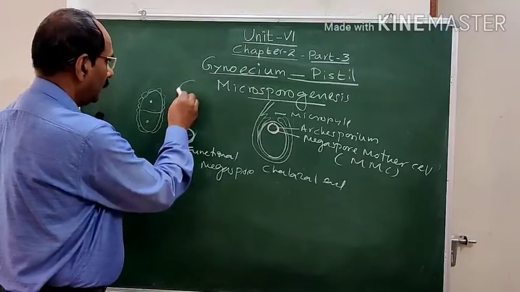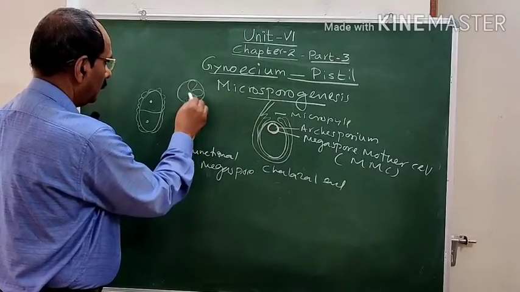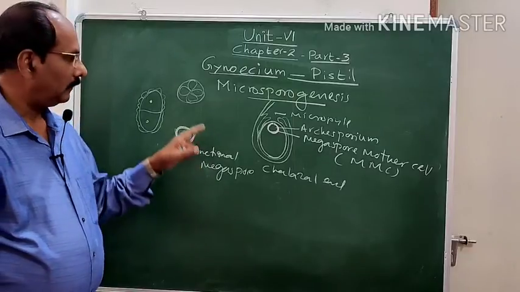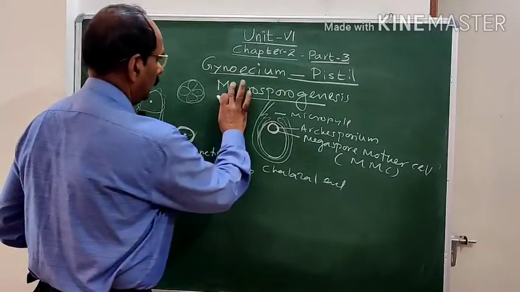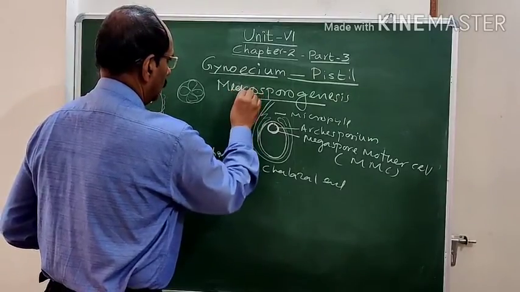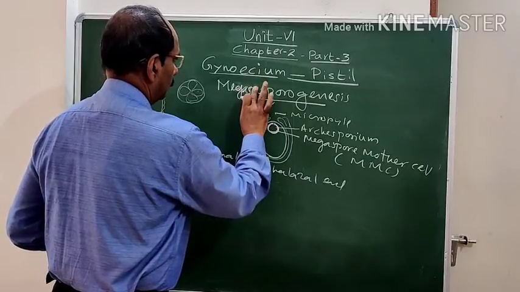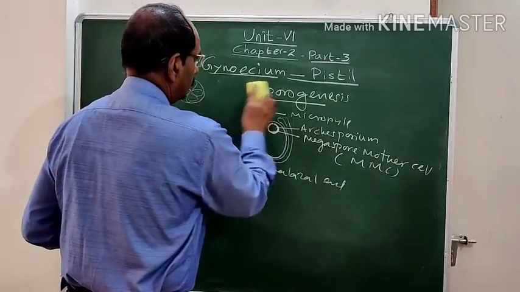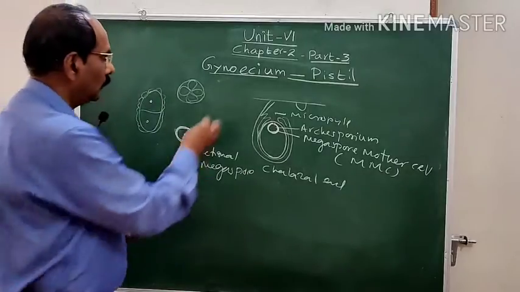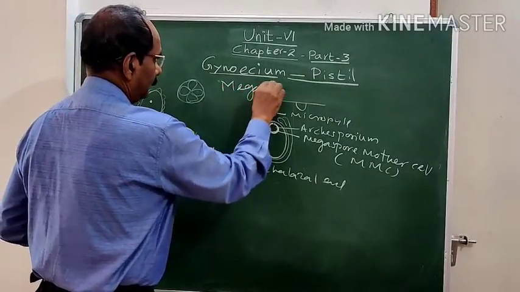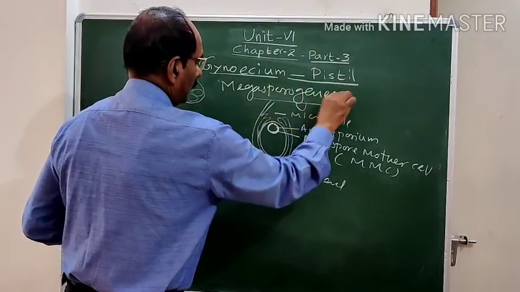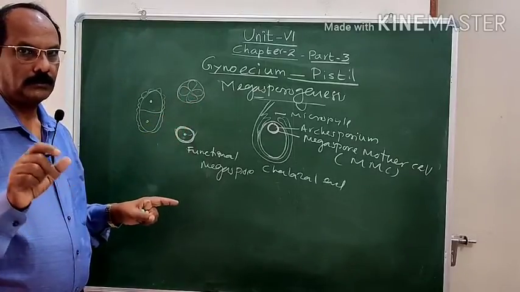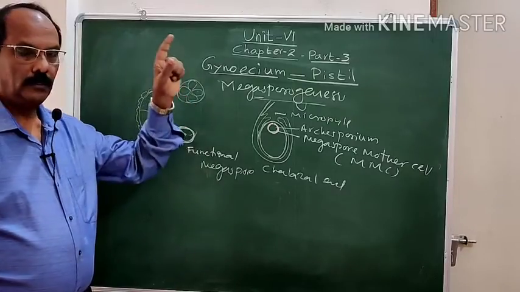In microsporogenesis, a tetrad is formed, and in the tetrad, all 4 pollen grains are viable, healthy, and available later for fertilization.